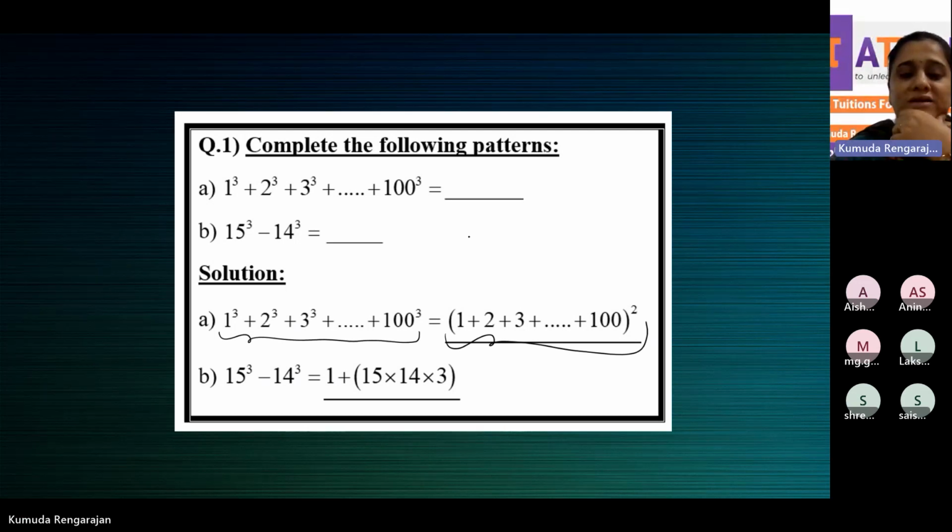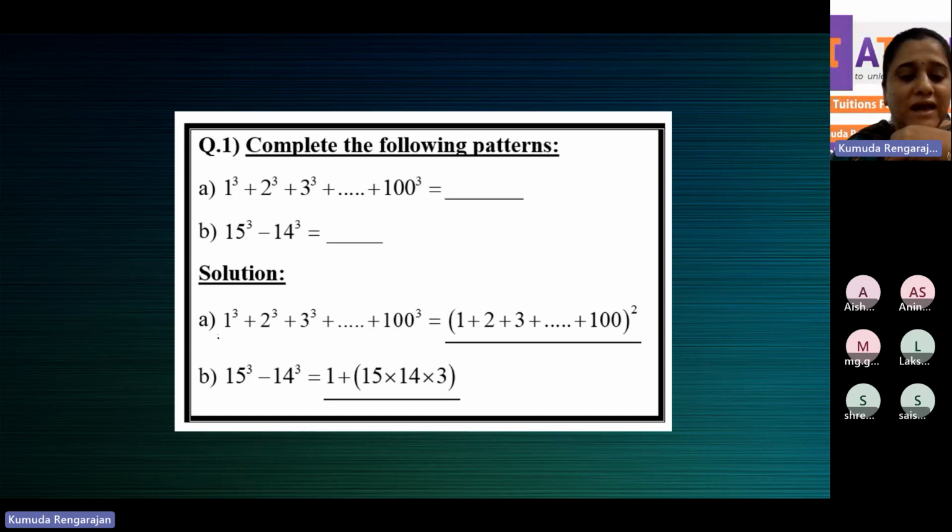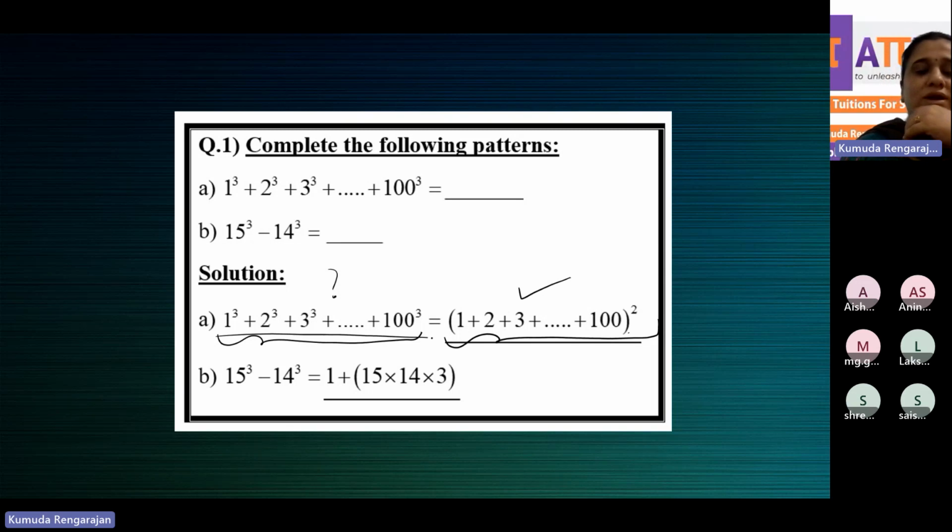Like 5 plus 4 is 9, 6 plus 3 is also 9. So you can say 5 plus 4 is equal to 6 plus 3 because they have the same value 9. In the same way, when you simplify this, the result you get here will be the same as the result you get here.